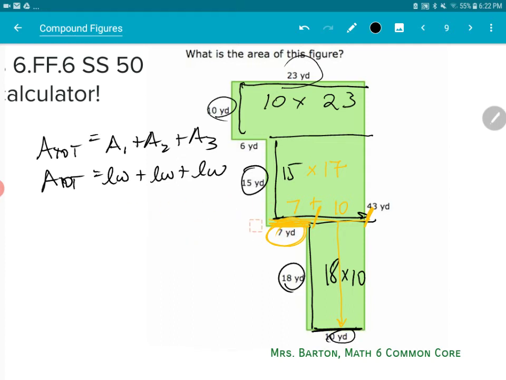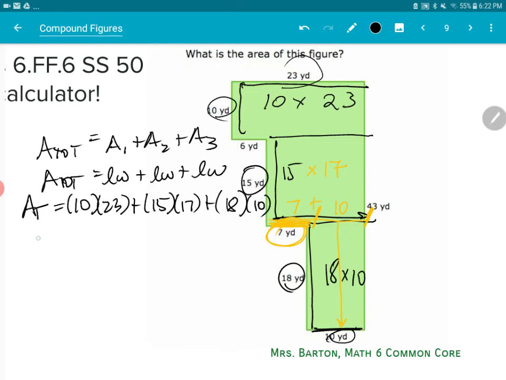And I'm not going to let that go because that just looks messy. And I wouldn't want that on your paper. So 10 by 23 plus 15 by 17 plus 18 by 10. There, that's better. All right.